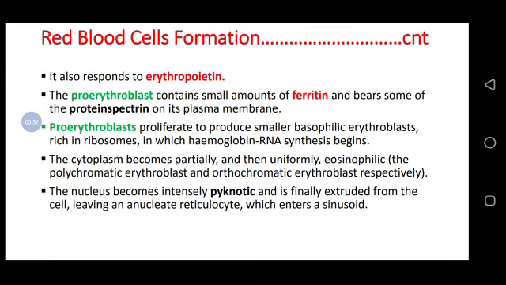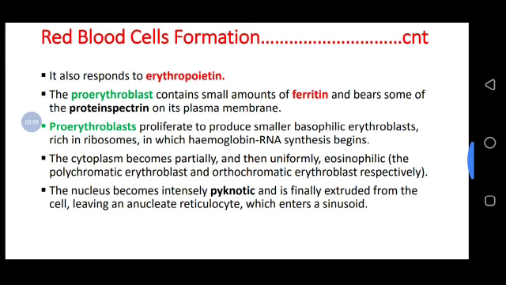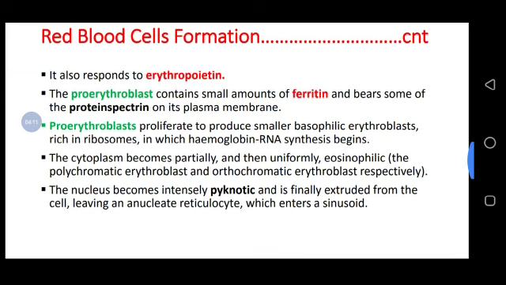So also they bear some of the spectrin on the plasma membrane, which is responsible for the color of the blood. So the pro-erythroblast proliferates to produce small basophilic erythroblasts rich in ribosomes, in which hemoglobin RNA synthesis begins.